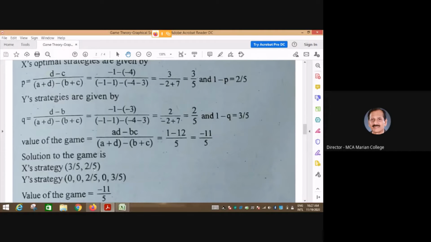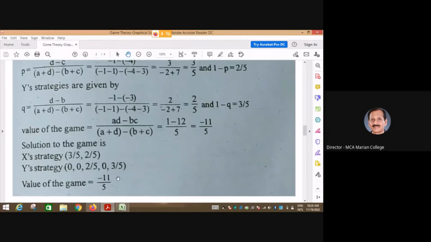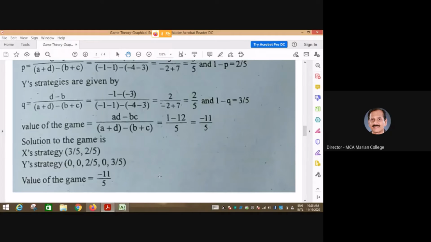The fourth one Y will not choose, whereas Y will choose the fifth one with a probability 3 by 5. And the value of the game is minus 11 by 5.